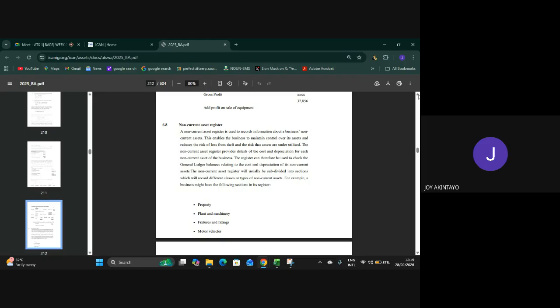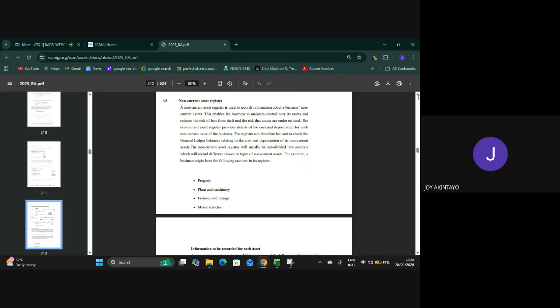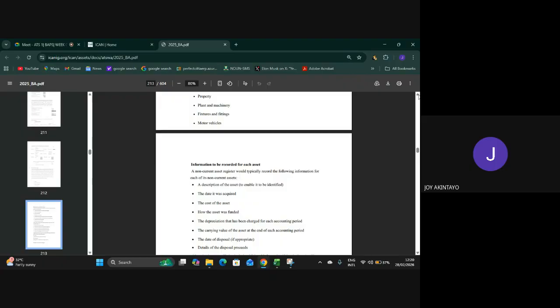It includes property, plant and equipment. Property like land and building, plant and equipment, furniture and fittings, motor vehicles, computer equipment and other equipment. And what is the information needed?